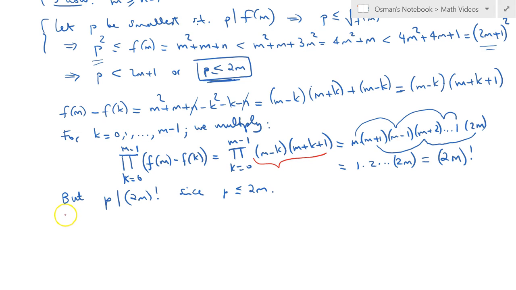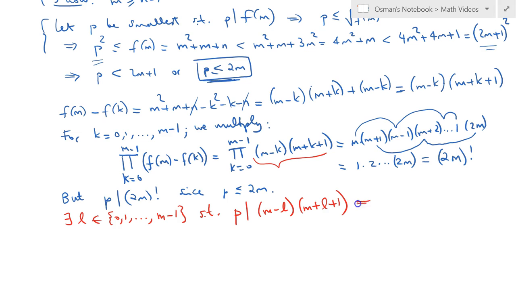So there exists an L in this range from 0 to m minus 1, such that p divides m minus L times m plus L plus 1, implying that the greater one is this one. So p must be less than or equal to m plus L plus 1.